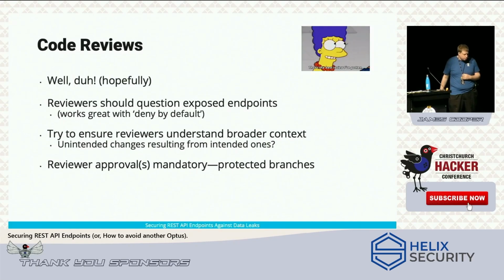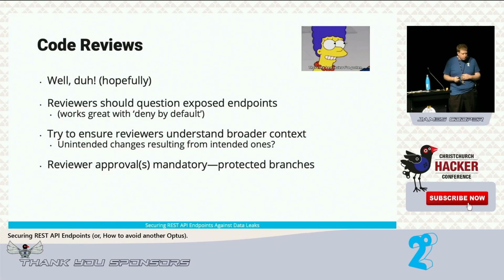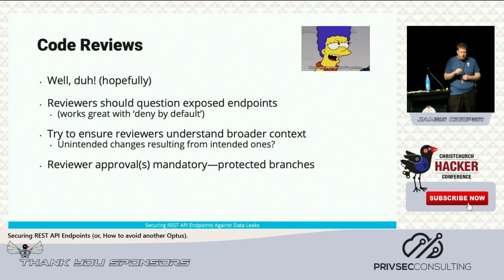Next slide, please. So the next thing you can do is get your developers to do code reviews. Hopefully at this point you'll be saying, well, duh, who doesn't do code reviews these days? One of the great things about deny by default is that when your people are doing code reviews, they come along and find an endpoint that says unauthenticated access allowed, and it's handing out customer data.